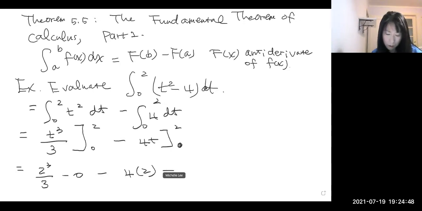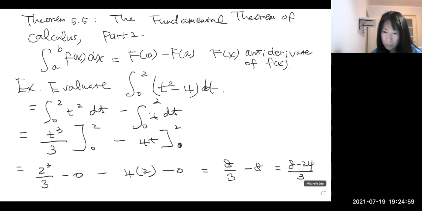And so 8 over 3 minus 8, what do you get? 8 minus 24, over 3. Negative 16 over 3.